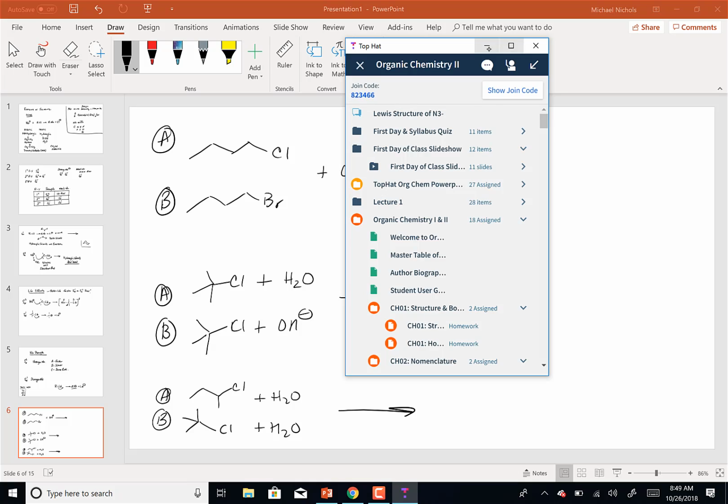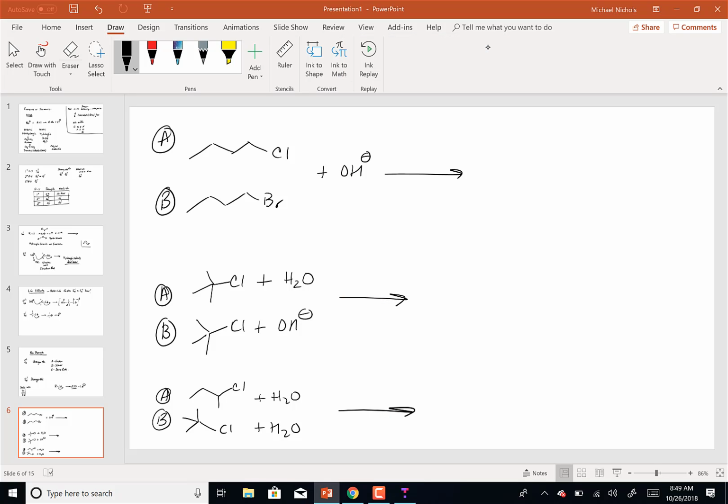Right, that's fine. So, how do we approach these problems? What's the first thing you need to know? You need to know the mechanism. Now, I cannot mix mechanisms. So they both have to be SN1 or they both have to be SN2. I can't have one go by SN1 and one go by SN2. That's apples and cars.